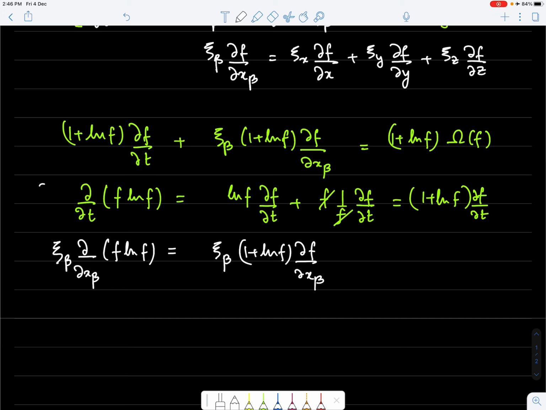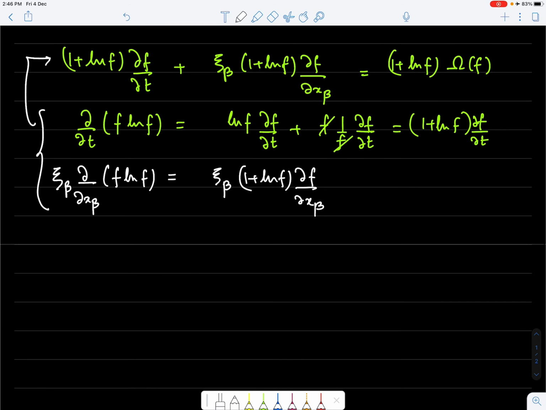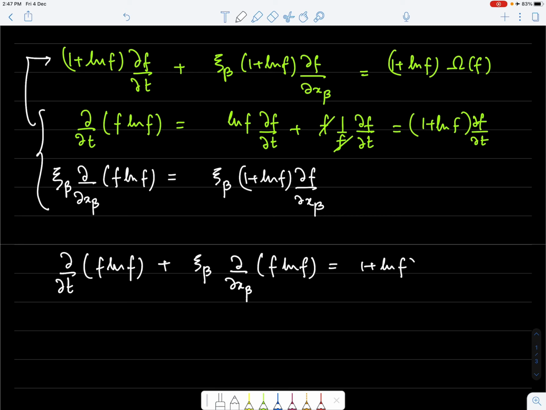So using these two properties, I can now simplify this equation. What we can write is d by dt of f log f plus xi beta d by dx beta of f log f equals 1 plus log f omega f.